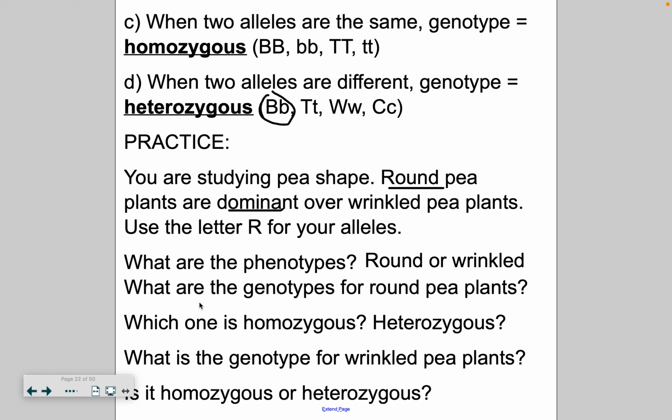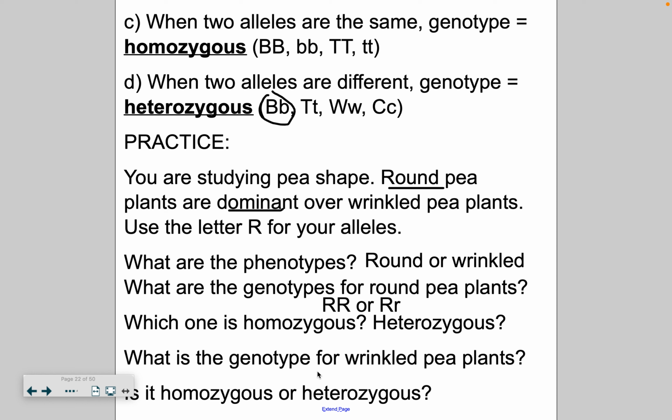What are the genotypes for round pea plants? Okay, so round is dominant. That means we're going to have capital letters, and it says use the letter R for your alleles. So you could be big R, big R, or big R, little r. Which one's homozygous? Big R, big R. Which one's heterozygous? Hetero means one of each, big R, little r.